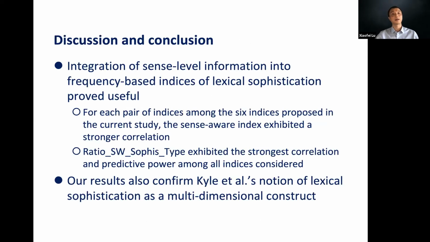So I will just quickly summarize what we found so far. So number one, integration of sense level information into frequency-based indices of lexical sophistication proved useful. As I said just now, for each pair of indices among the 6 that we proposed, the sense-aware index exhibited a stronger correlation, right? Even though for the third pair, the correlations were pretty weak.